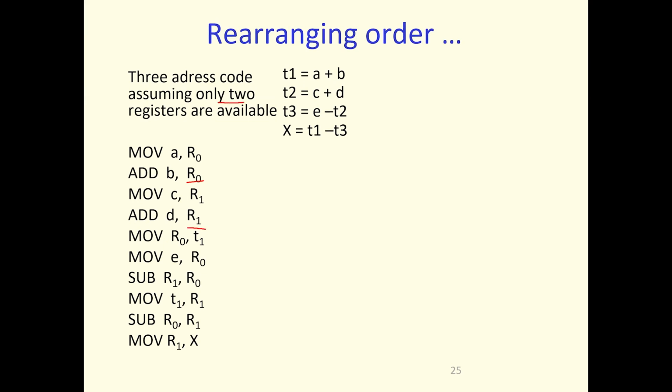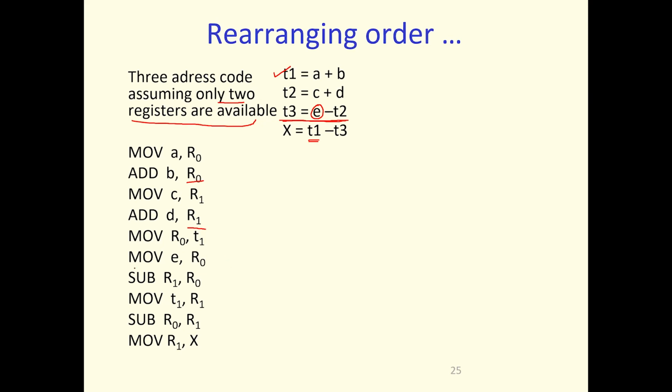Now we have only 2 registers available. So when I have to compute T3, T1 has a use below, so I cannot free its register. T2 I can free, but then I still have to store E somewhere. T2 is used currently and I have to store E, so I need a third register, but my architecture has only 2 registers available.